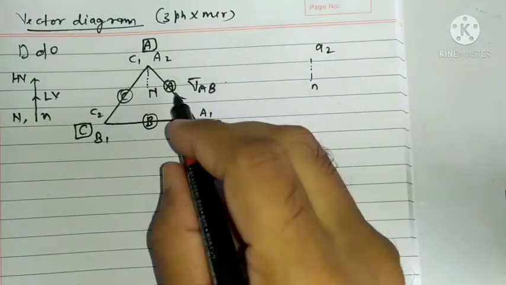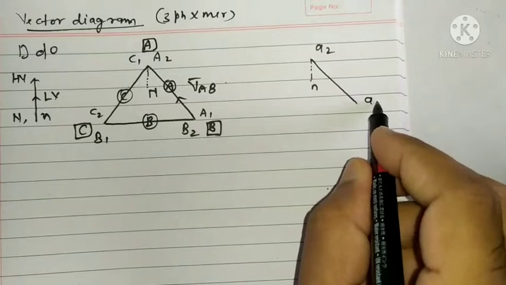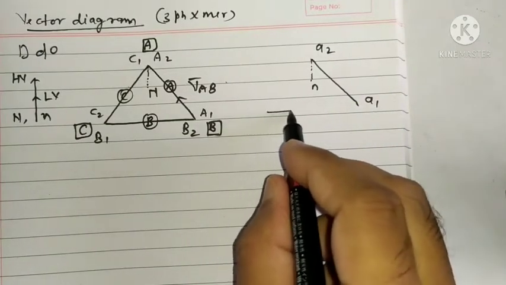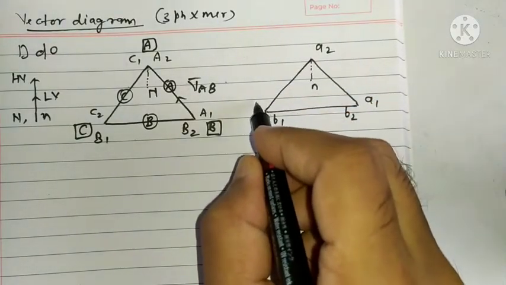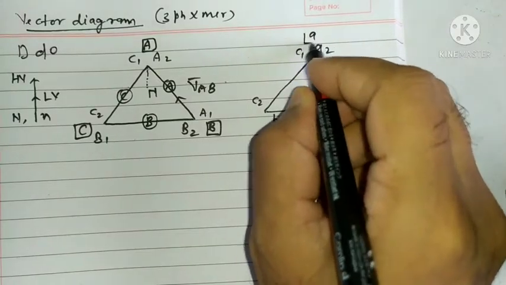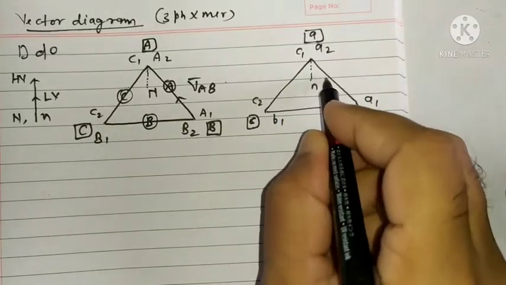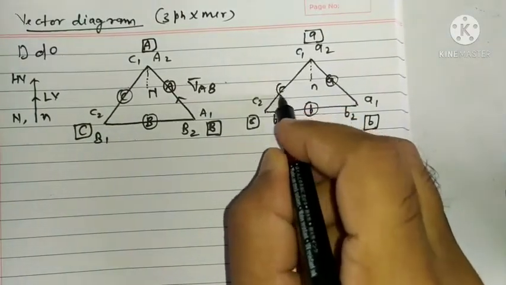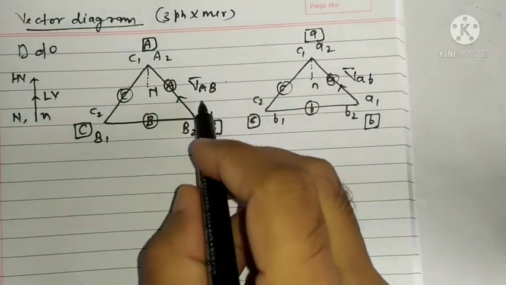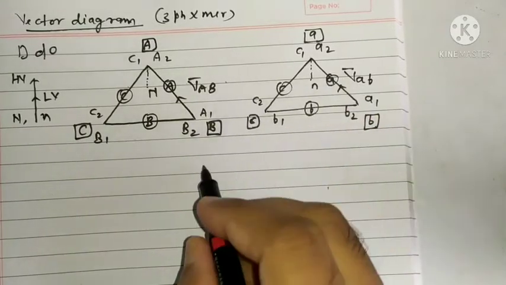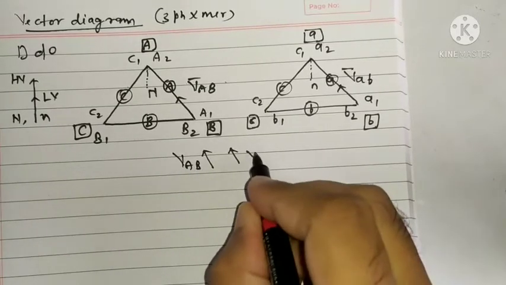A to A1 will be in parallel with this one. This will be B to B1, and it will be C to C1. This is A terminal, B terminal, C terminal, A arm, B arm, and C arm, and this is VAB, secondary line voltage. So primary line voltage and secondary line voltage are in phase, which you can see here. This is VAB and VAB.